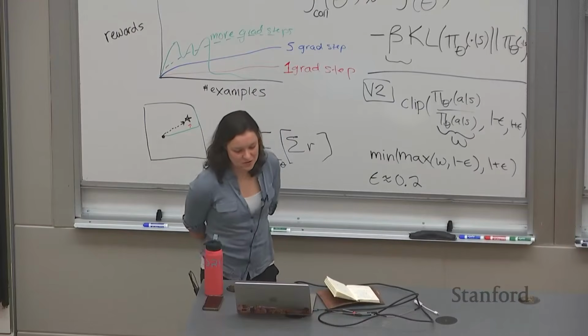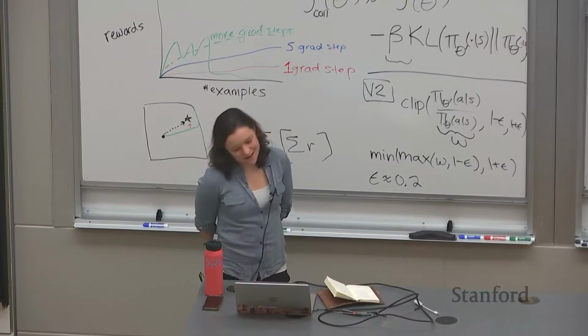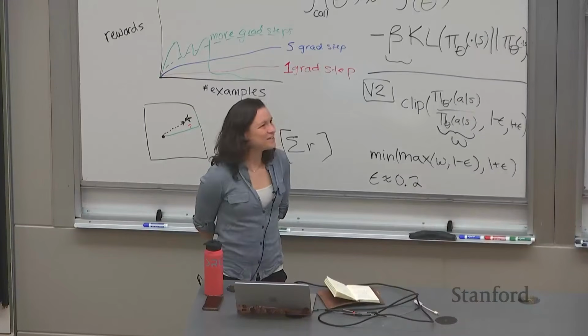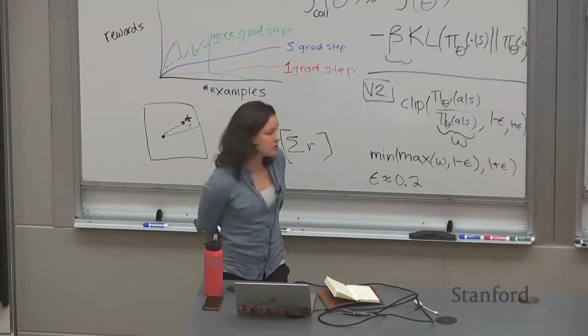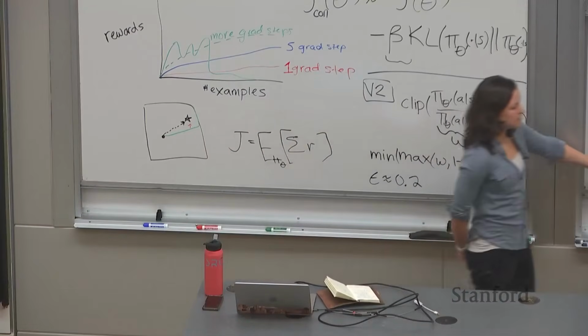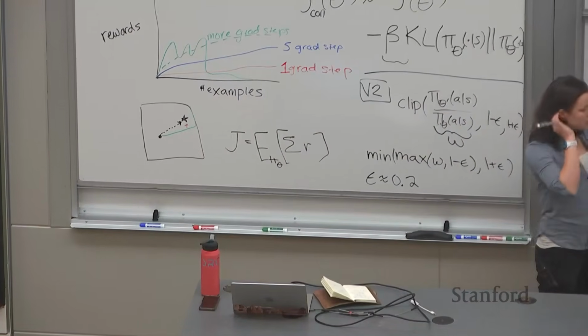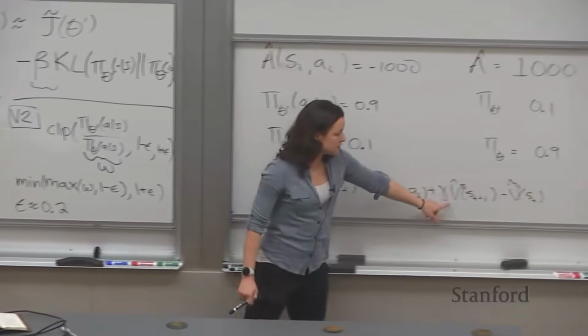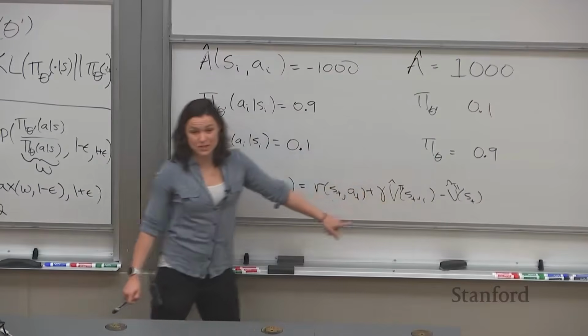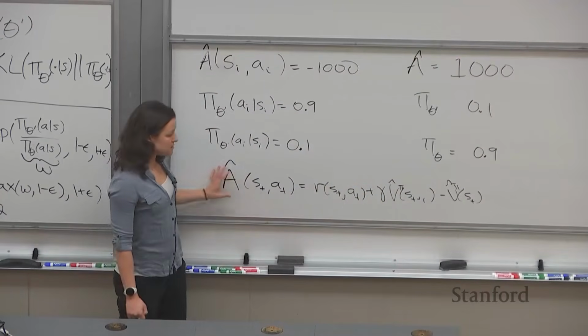What's the benefit of using GAE? I think it's a little bit hard to motivate. One way to view it is that if you just use this one-step return, especially if the time steps are very close together, and if your V's are not completely accurate, then this estimate might be a bit off.